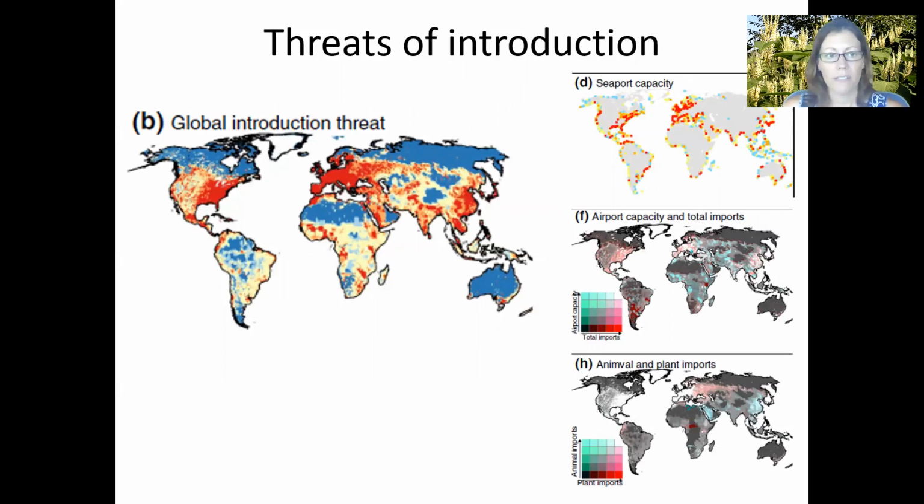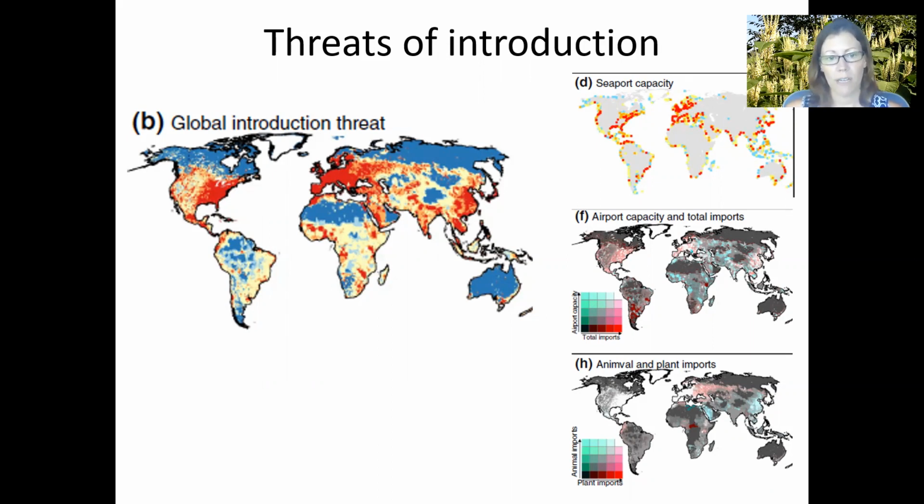So one last point on here is that there's a lot of threat associated with the introduction of non-native species. In panel B on the left side, in lots of parts of the world, the red is higher risk, associated with lots of seaports and lots of volume of airports, or your country imports a lot of goods, lots of volume of animal or plant or both imports coming in.